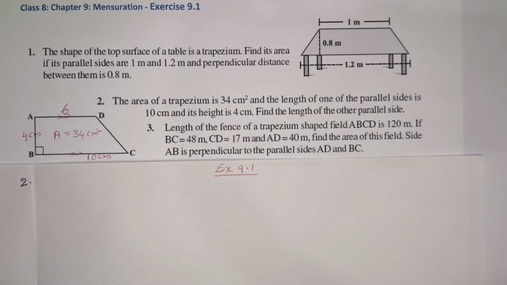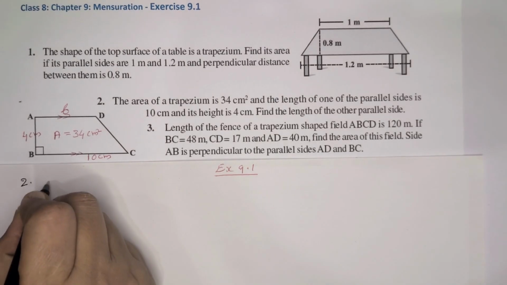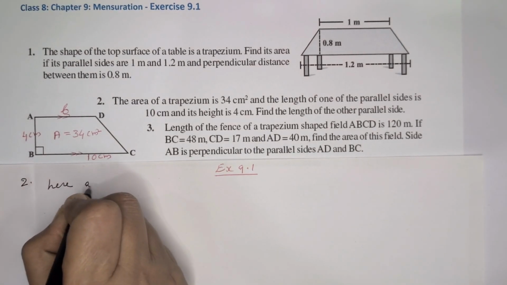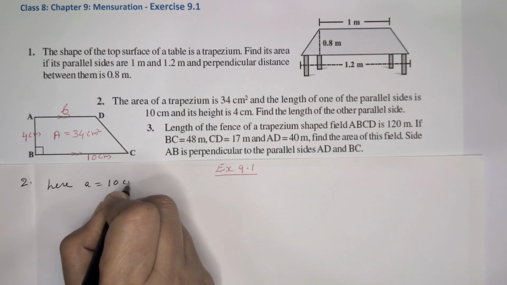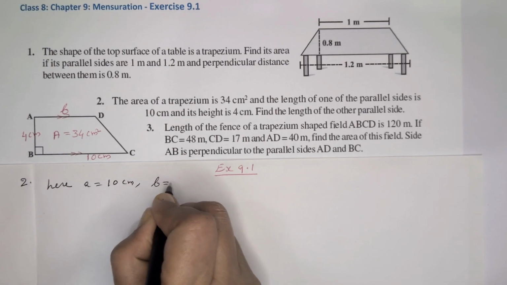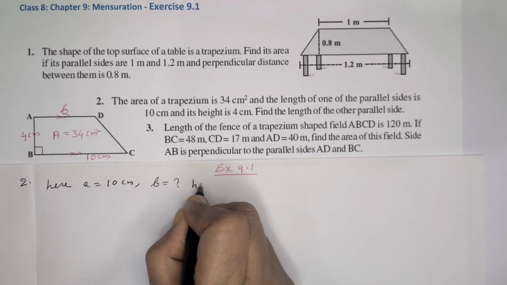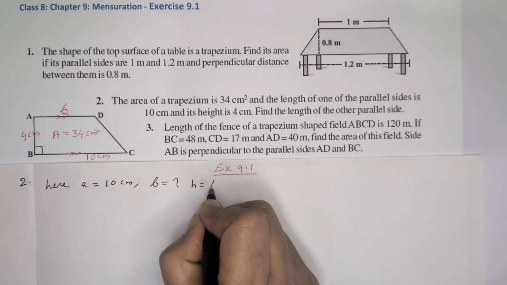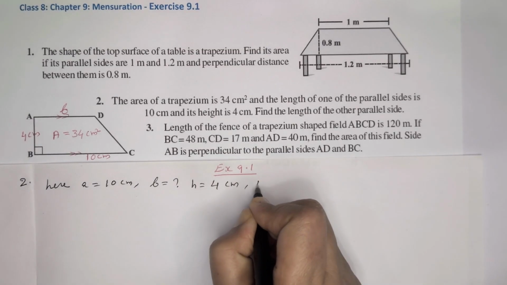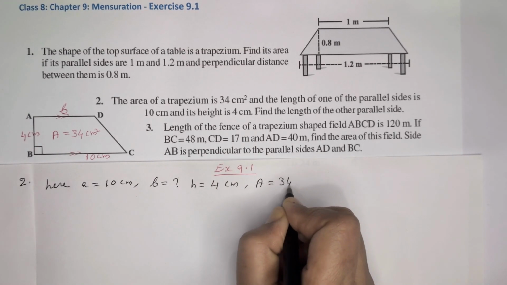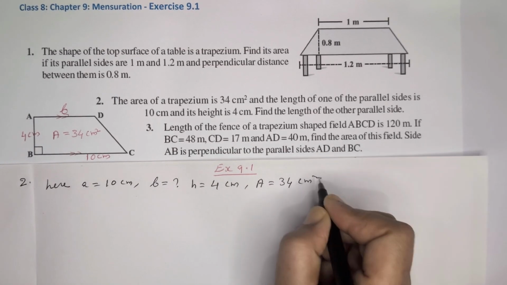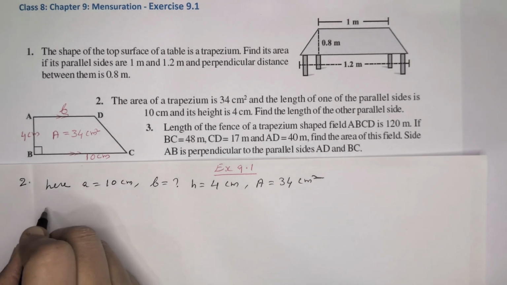We can write here the given terms. Here A is equal to 10 centimeter. B we have to find, and H is equal to 4 centimeter. And area is given, that is 34 centimeter square. Then we can write the formula.